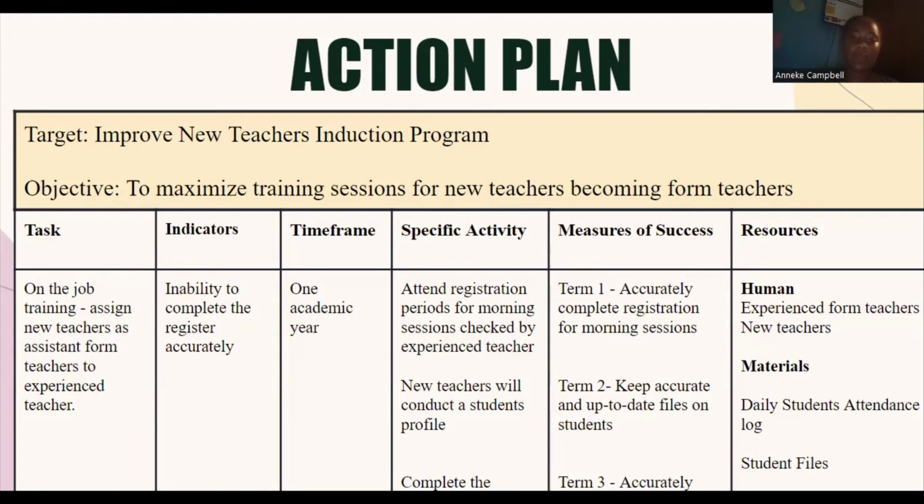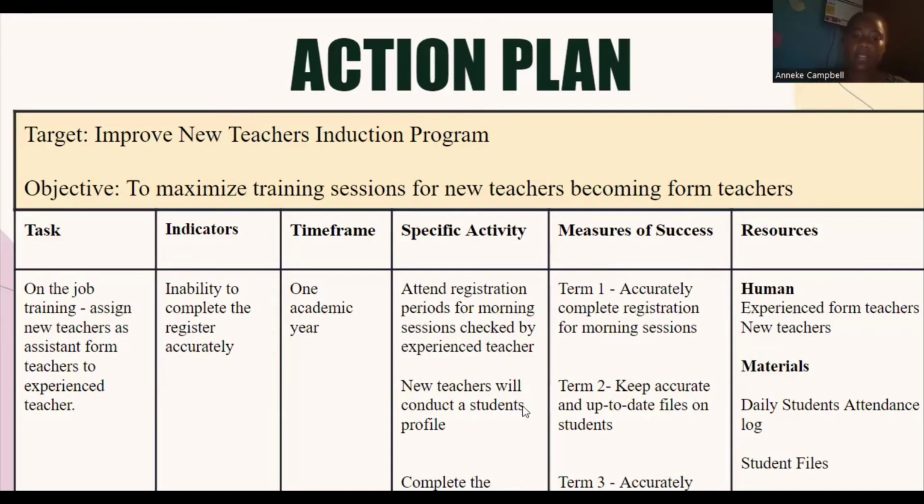So the time frame would have been 1 academic year, and the specific activities which match the measure of success would be to attend registration periods for the morning sessions, and then after marking the morning session registration on a temporary register, so that we don't have to have a repeat of buying over the register, it would then be checked by the experienced teacher to say if this was okay. Right? This would be for an entire term, right? And the measure of success is if it was accurately completed.